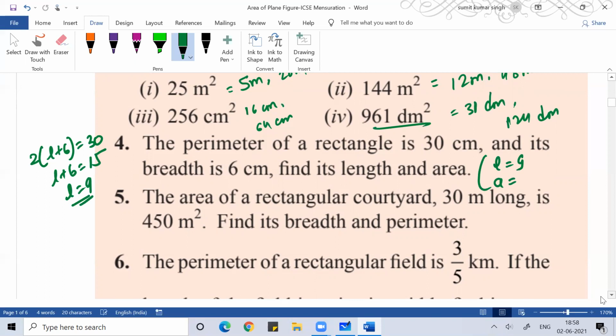Area will be length into breadth. 9 into 6 is 54, yes, sir. All in centimeter. So area would be centimeter square. Length would be centimeter.